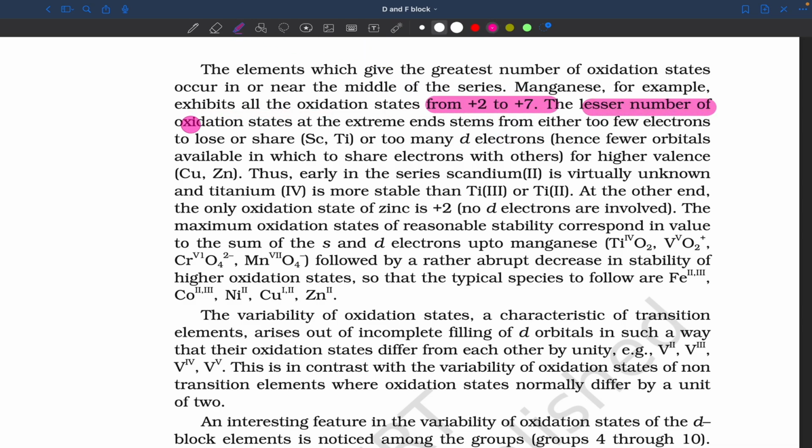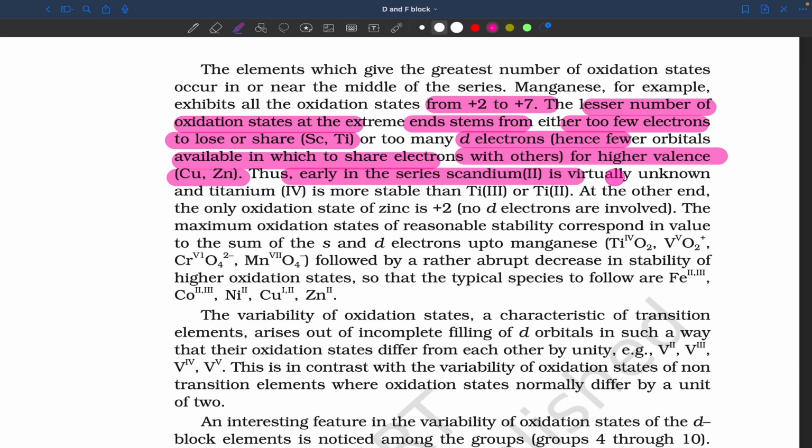The lesser number of oxidation states at the extreme ends is because of either too few electrons to lose or share, or too many d electrons available. Thus in the early series, scandium +2 is virtually unknown.